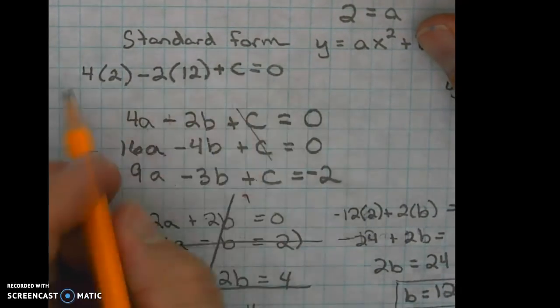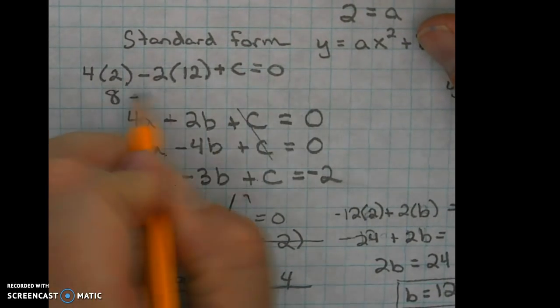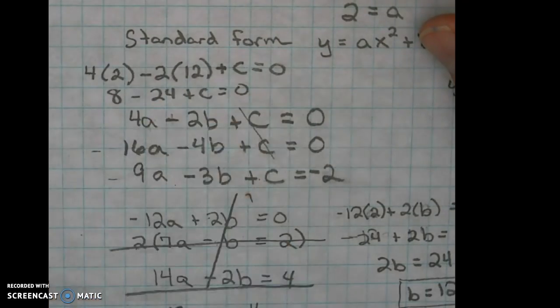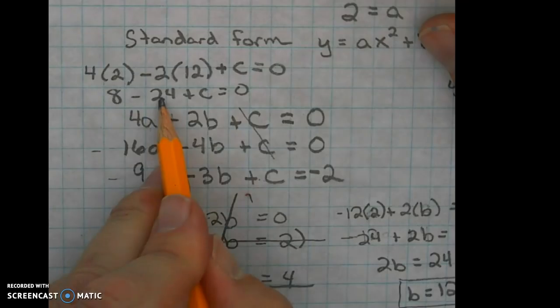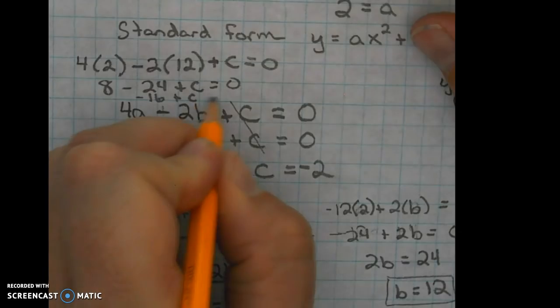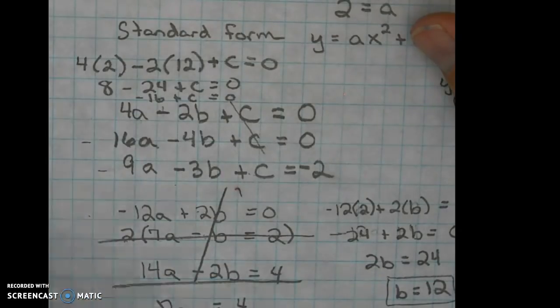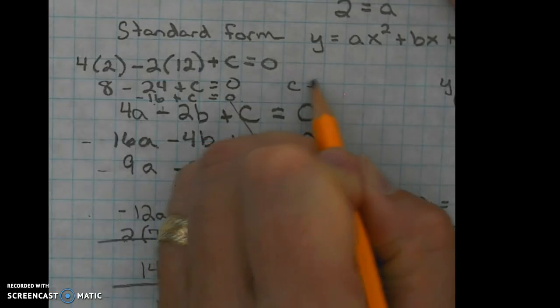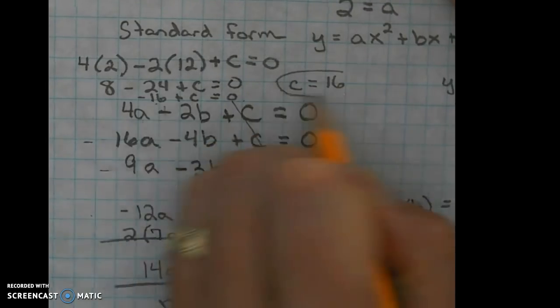Solving this for c. 8 minus 24 plus c equals 0. 8 minus 24 is going to be negative 16 plus c equals 0. And then adding 16 on both sides, we get c equals 16.